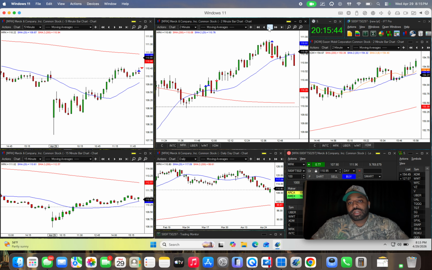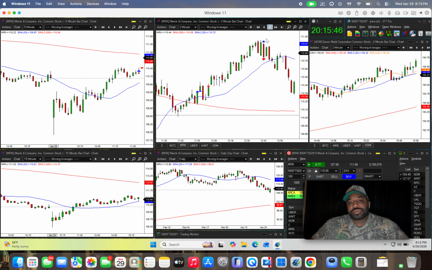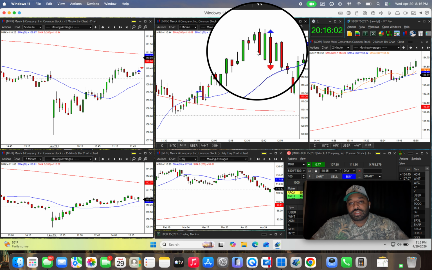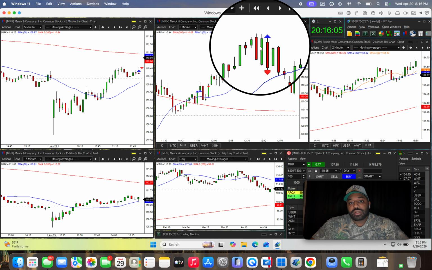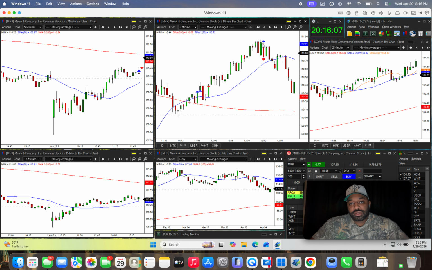This was the worst trade we made all day. So remember, this is 1, this is 2, and this is 3. And what we did is we had a green bar take out a red bar. At least that's what we considered right here. This is the red bar. This is the green bar. And we said green bar take out red bar. So we bought right here.